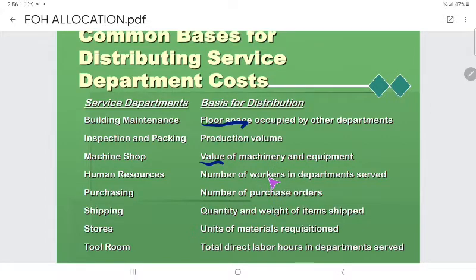Then your number of workers in the human resources, the number of purchase orders. If you notice, ano ang basis? You have to determine the relationship.